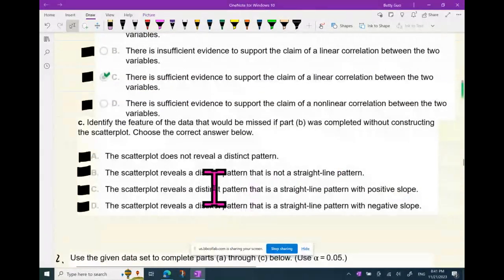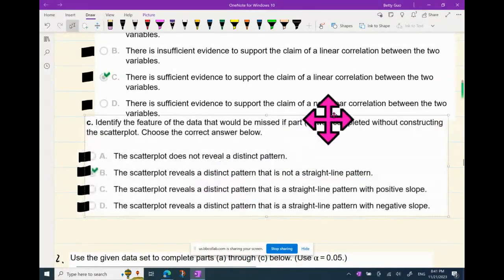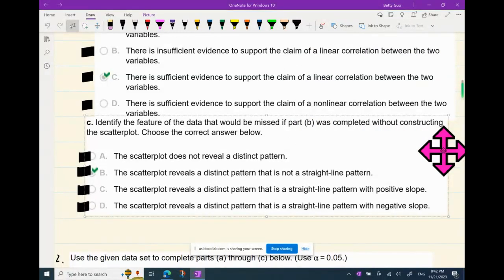Identify the feature of the data that would be missed if part B was completed without constructing the scatter plot. The scatter plot reveals a distinct pattern that is not a straight line pattern. Identify the feature of the data that would be missed.